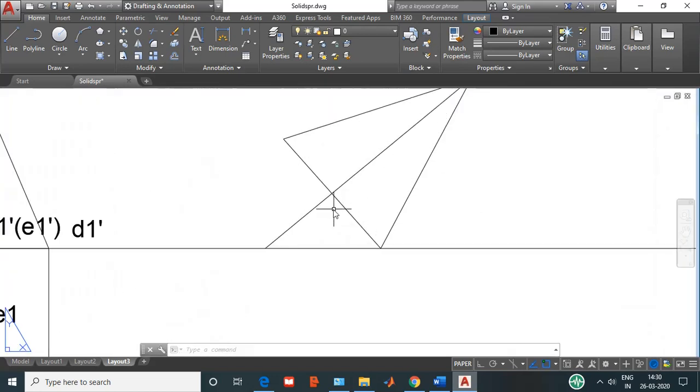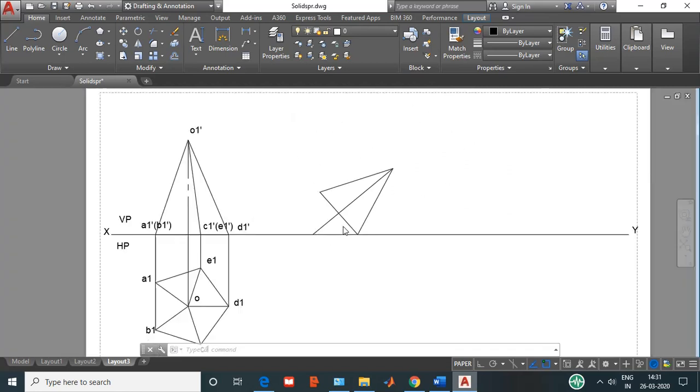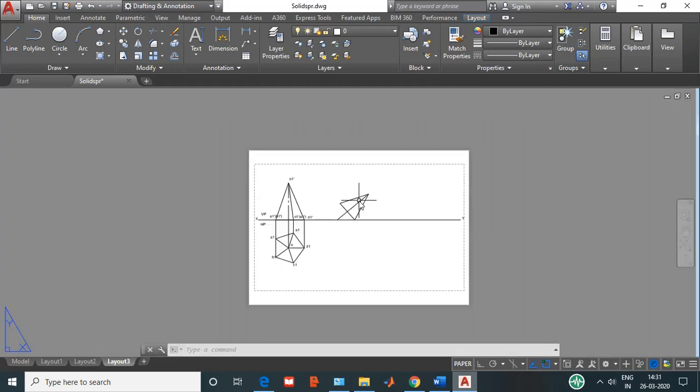This angle will be 90 degrees. So if this is 40 degrees, then the base inclination will be 50 degrees, because the sum of angles in a triangle is 180 degrees. If this is 90 and the axis is making 40, then automatically the base is making 50 degrees. I'll be using this concept to make the inclination in the second position.